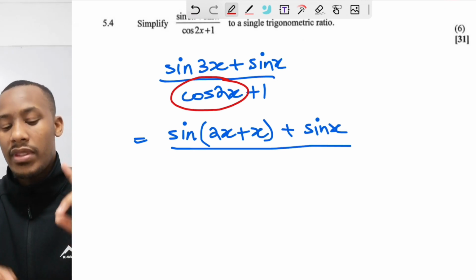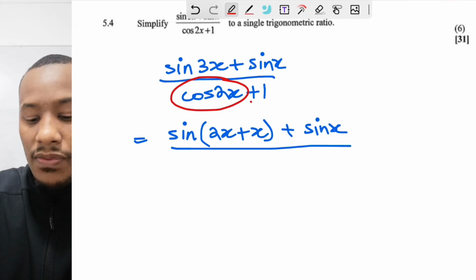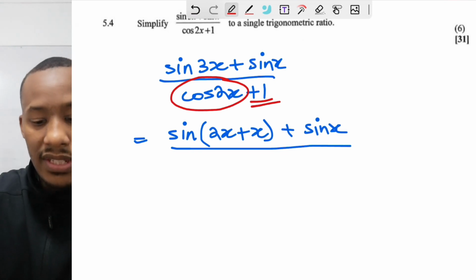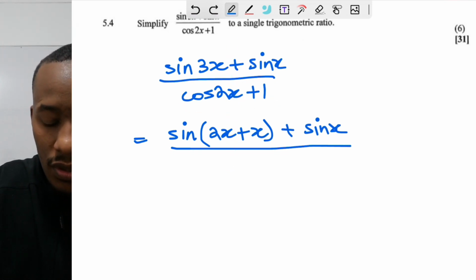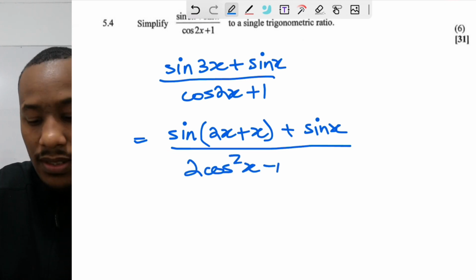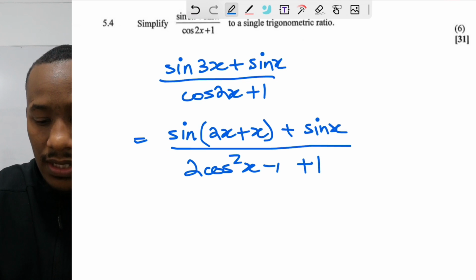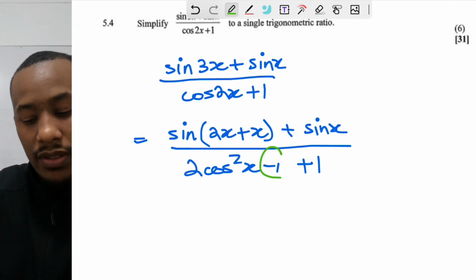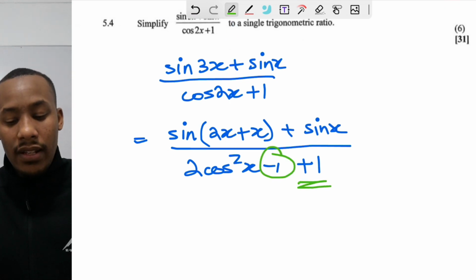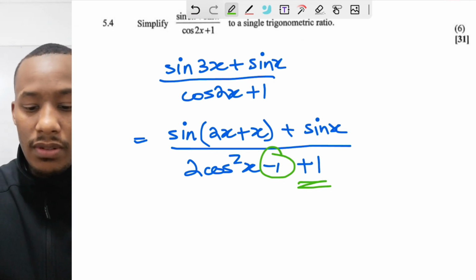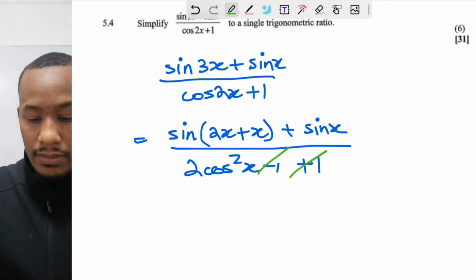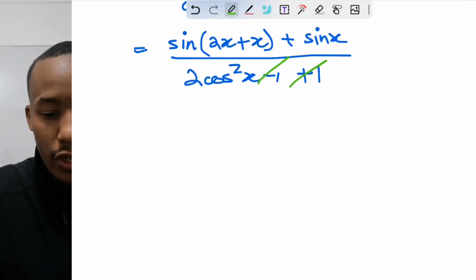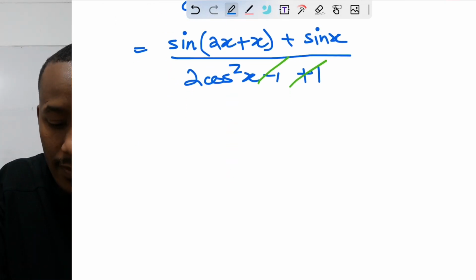The reason I'm thinking about this identity is because I want to cancel this plus 1. So I'm going to change that into 2 cos squared x minus 1. And now, exactly as I pointed out, this minus 1 will cancel with that plus 1, and that just becomes 0. So the denominator is already simplified.